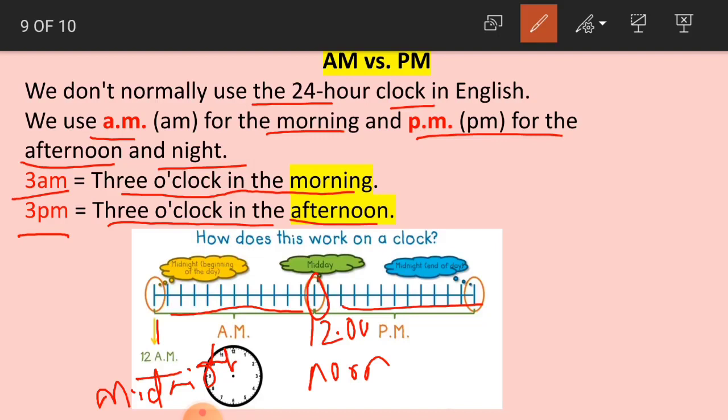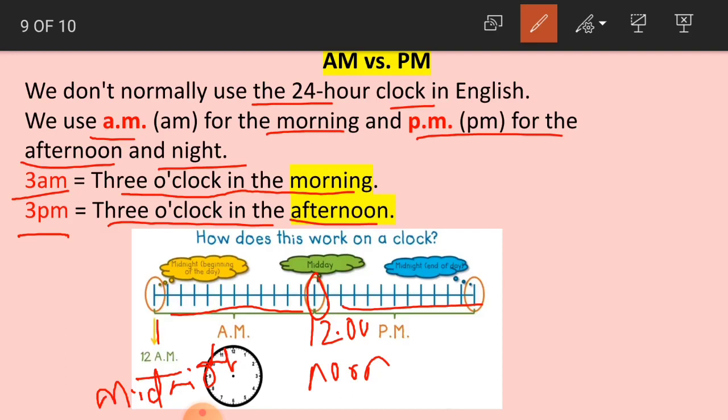Okay, so 12 PM, 1 PM, 2 PM, 3 PM, 4 PM, 5 PM, like that it continues until 11 PM, until night 11 o'clock, we have to say it as 11 PM. Again when you reach midnight 12 o'clock, it is again addressed as 12 AM. Clear, children? So this you have to remember. Don't get confused.